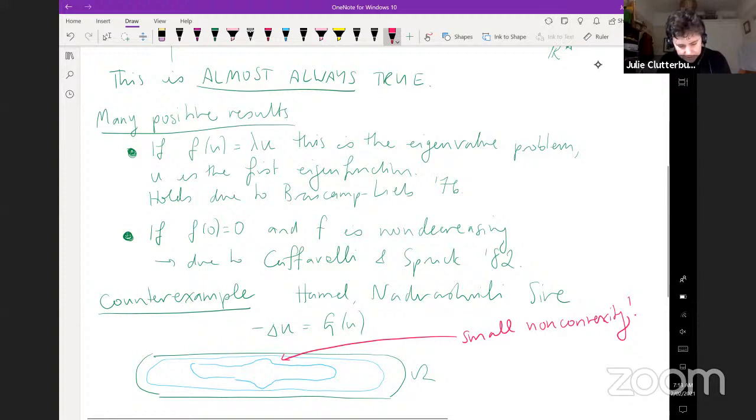So that's why this problem is quite intriguing, because it still hasn't been proven where this dividing line is between problems that have this property and problems that don't.